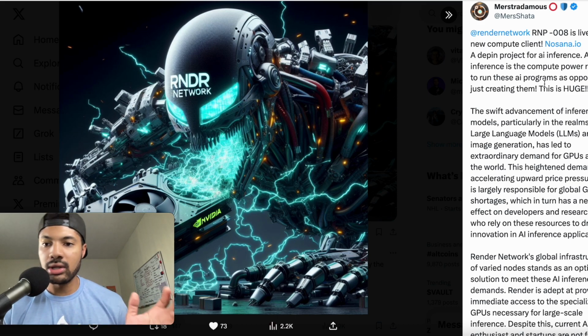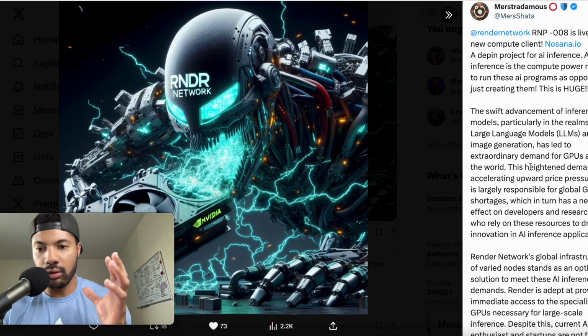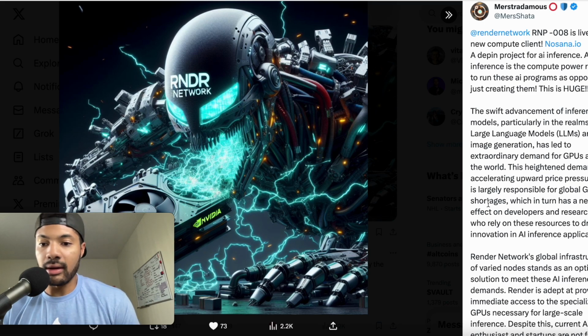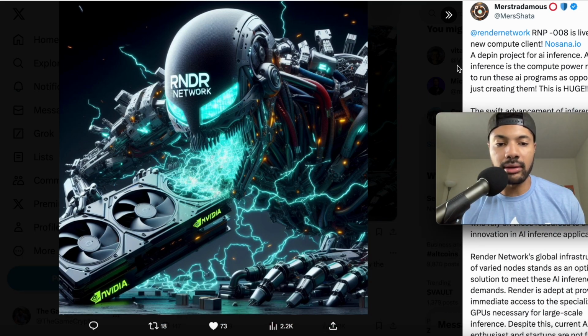This is huge. It talks about the importance of GPUs. This heightened demand is accelerating upgrade price pressure and is largely responsible for the global GPU shortages. I don't want to read all this word for word, but part of this tweet talks about the partnership.